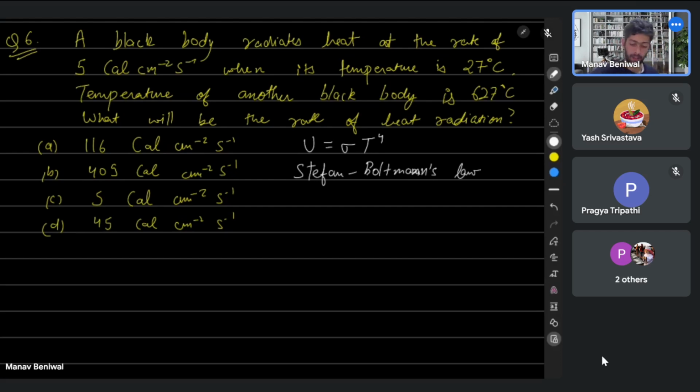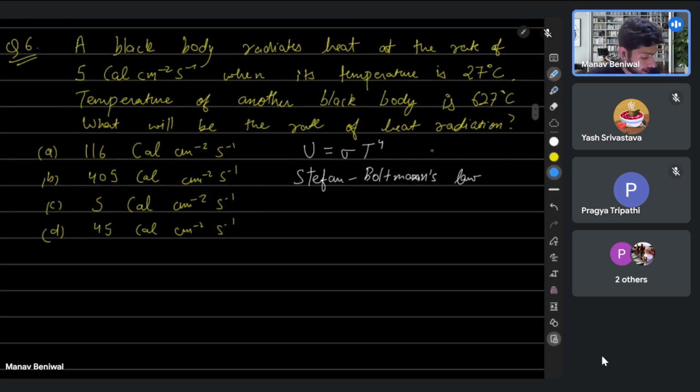This was in the lecture, and it basically says that the energy which is emitted is proportional to T to the power fourth, where T is your temperature. One very important thing to note is the units of this temperature.